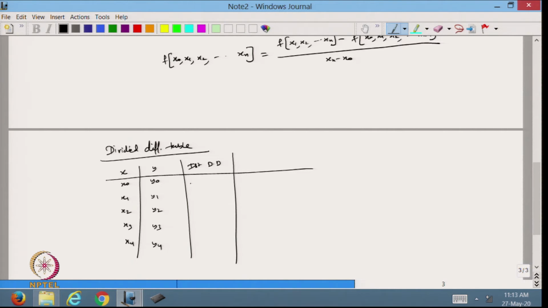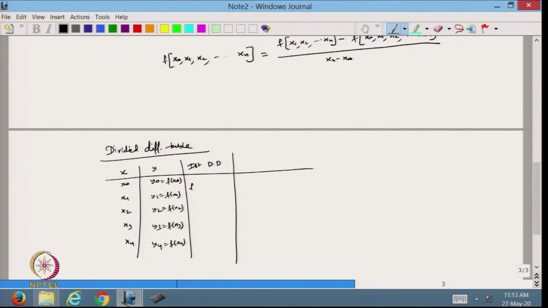So this is y1 minus, so instead of the formula I can write the expression. This y0 is the value f(x0), this is f(x1), this is f(x2), because we know that these data points are given to us and that is based on some function.